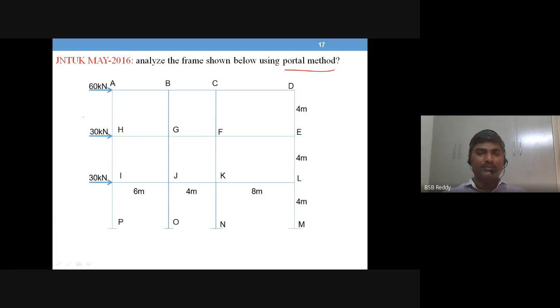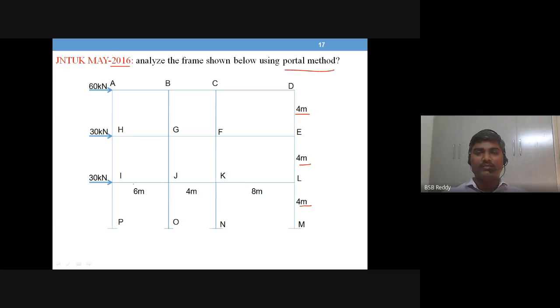If you observe the given problem, which is one of the university questions that appeared in 2016, the same is taken here. The first bay is 6 meters, the middle bay is 4 meters, and the right one is 8 meters, and the column heights, nothing but story heights, are the same: 4 meters, 4 meters, and 4 meters.